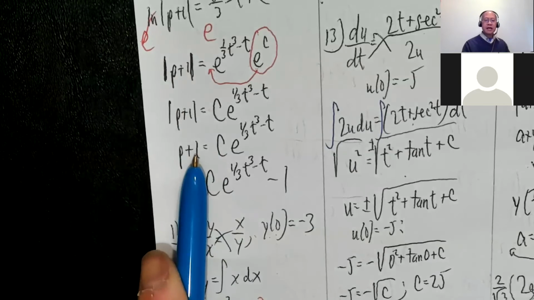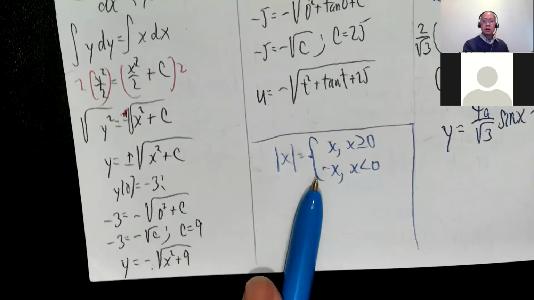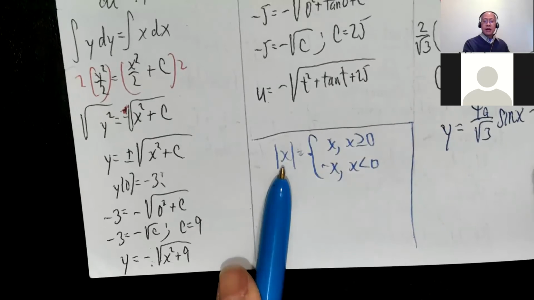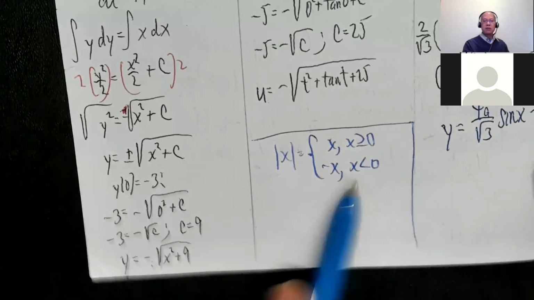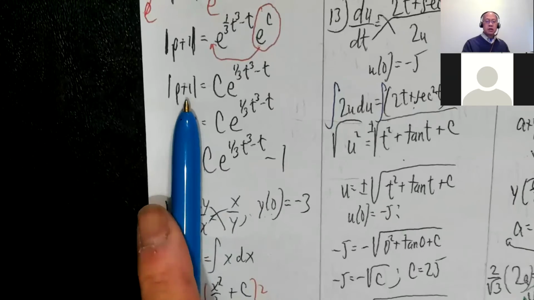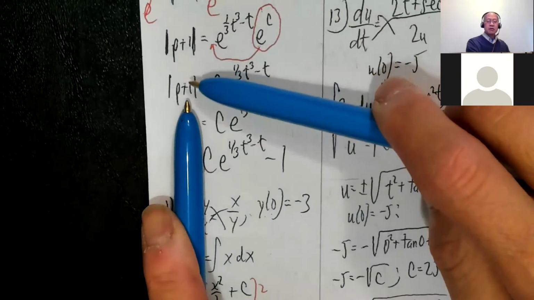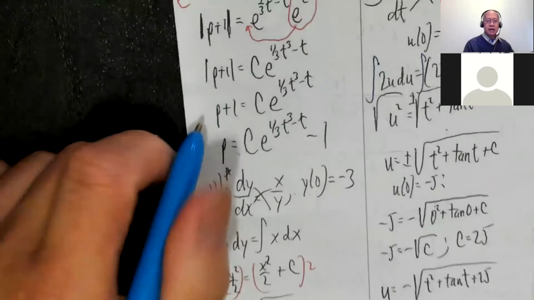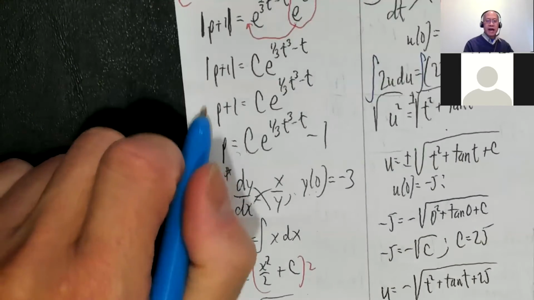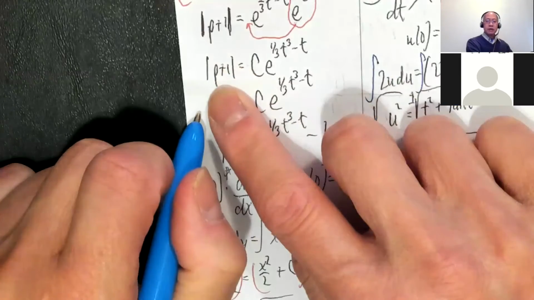Okay. How about the second case? Absolute value of x is negative x if x is less than 0. So suppose this comes out to be negative, then the absolute value would be the opposite. I'm not going to write it, but there's a negative in front of the whole thing.